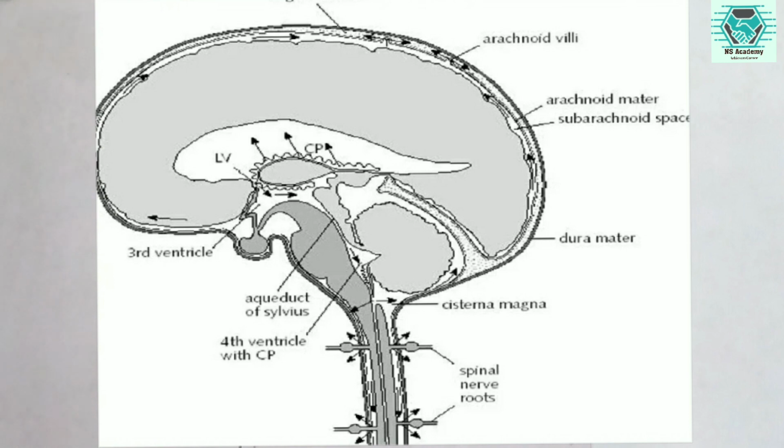So you can see in the diagram how the brain ventricles actually look.